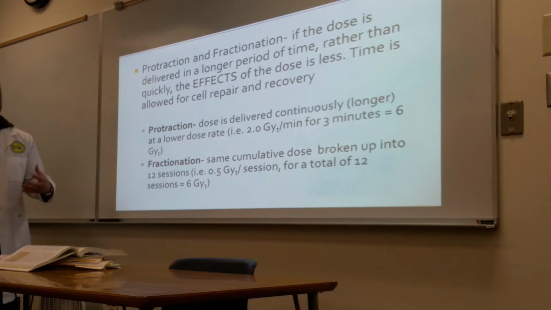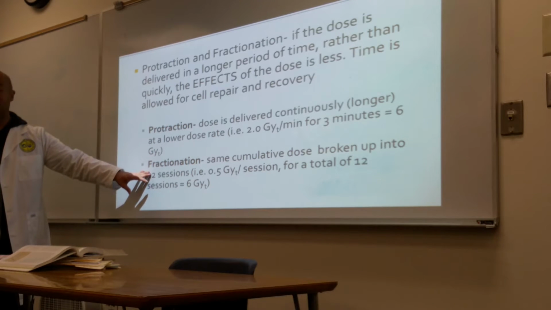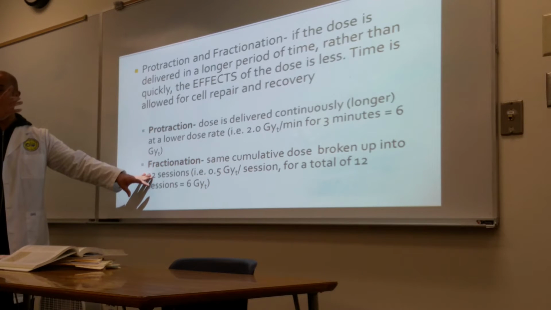If you're dealing with maybe a small tumor, this may be okay, because you're not going to cause a lot of collateral damage. But if you're using a very high dose, you may want to break it up in sessions because the body may not be able to handle that dose, and they can experience, remember that acute syndrome we were talking about?